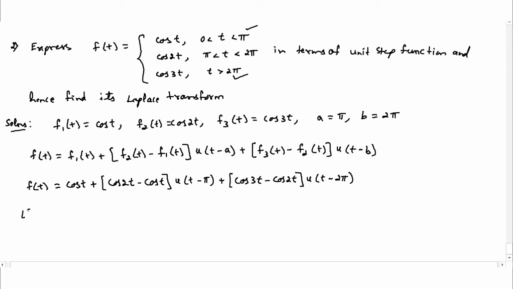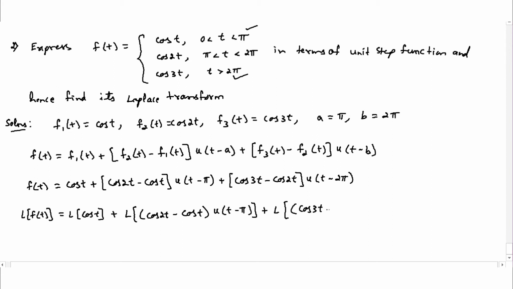So let us apply the Laplace transform. Laplace transform of f of t will be equal to Laplace transform of cos t plus Laplace transform of cos 2t minus cos t into u of t minus pi, plus Laplace transform of cos 3t minus cos 2t into u of t minus 2 pi.